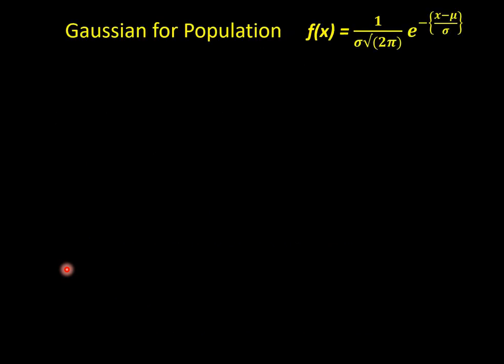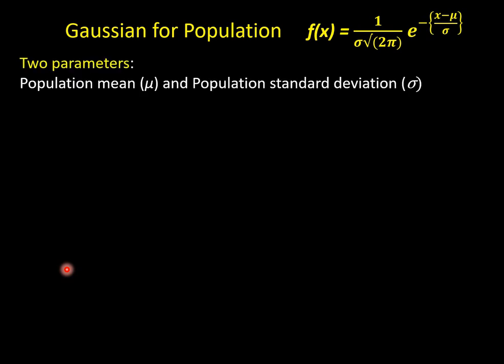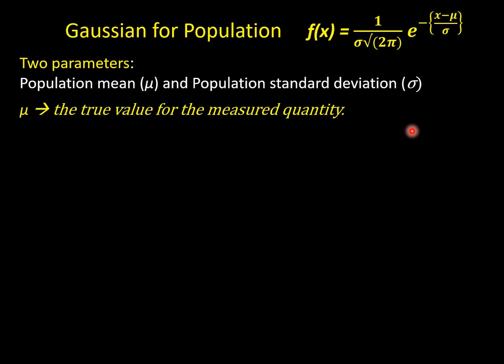And this is the Gaussian distribution mathematical expression. As you see, there are two parameters, sigma and mu. X is the variable. Mu is the mean, or average, and the standard deviation is sigma. These are the names of these two parameters, and we will see what they mean.